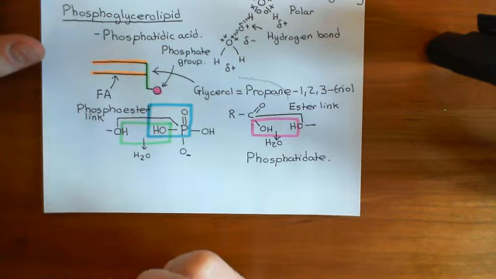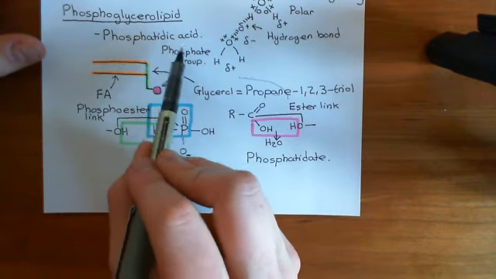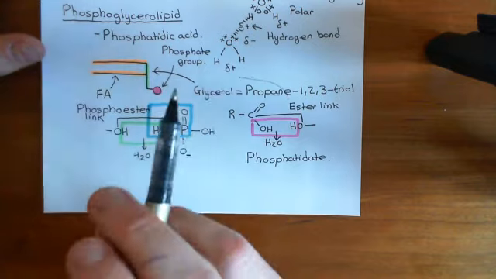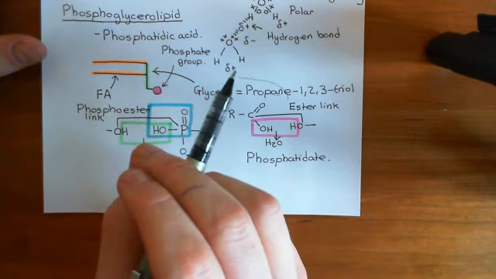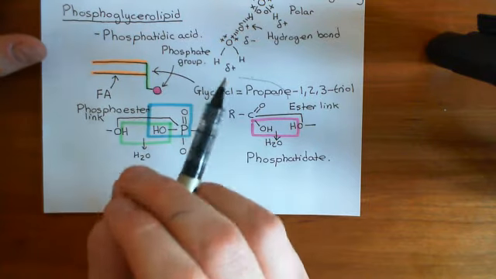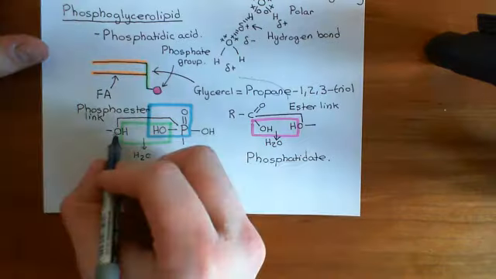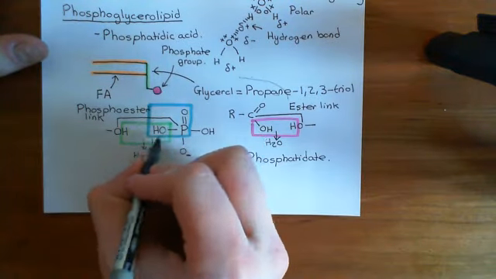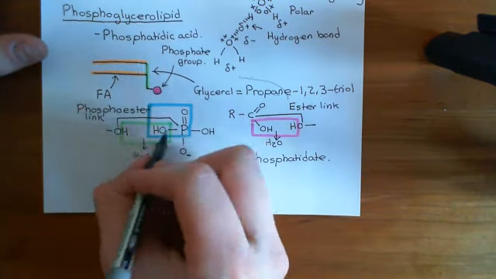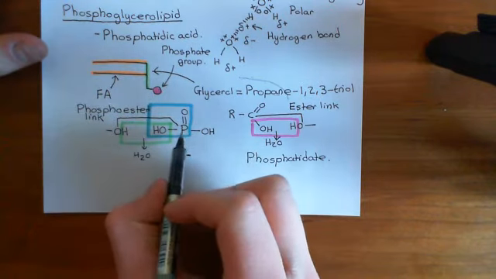Okay, so basically, phosphatidic acid is an acid because it can donate protons into solution. That's the criterion that you have to obey in order to be considered an acid. You have to donate protons into solution. Okay? Basically, this alcohol group has gone now. This is involved in the phosphoester link to the alcohol group of the third carbon of the glycerol molecule.